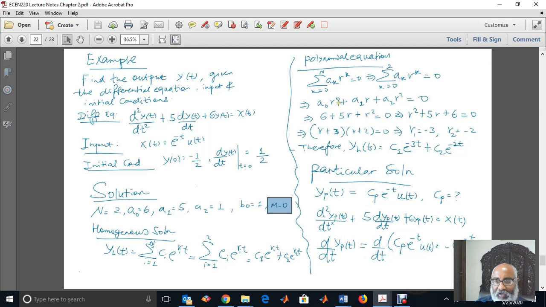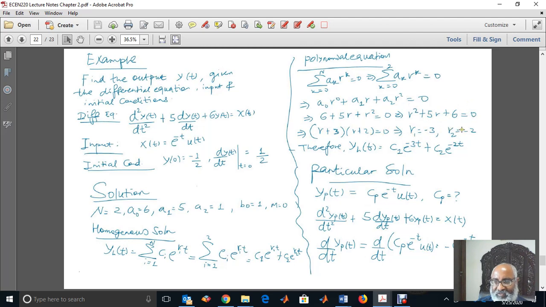So let's substitute now. A naught is 6, r to the power of 0 is 1, a1 is 5r, plus r square is equal to 0, r square plus 5r plus 6 is equal to 0. This is, you know it very well, a quadratic equation, and we need to find two numbers whose sum is 5, product 6. They are 2 and 3, so r plus 3 times r plus 2 is equal to 0 when we factorize this equation.